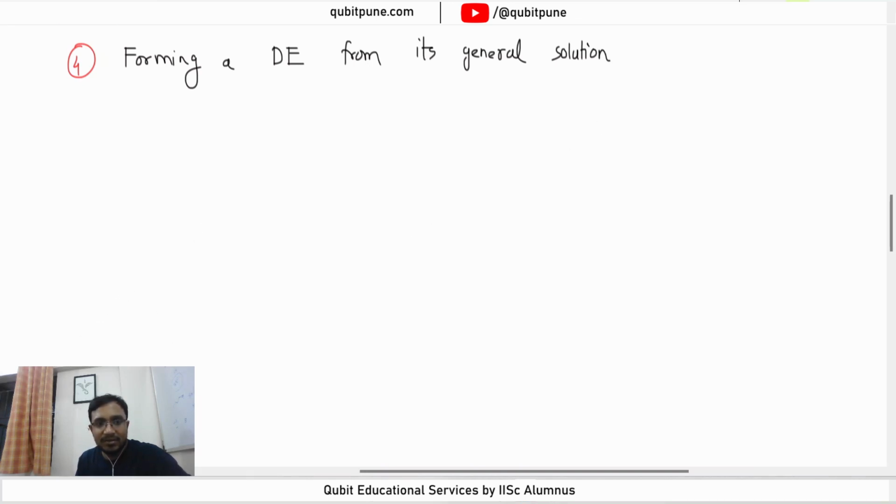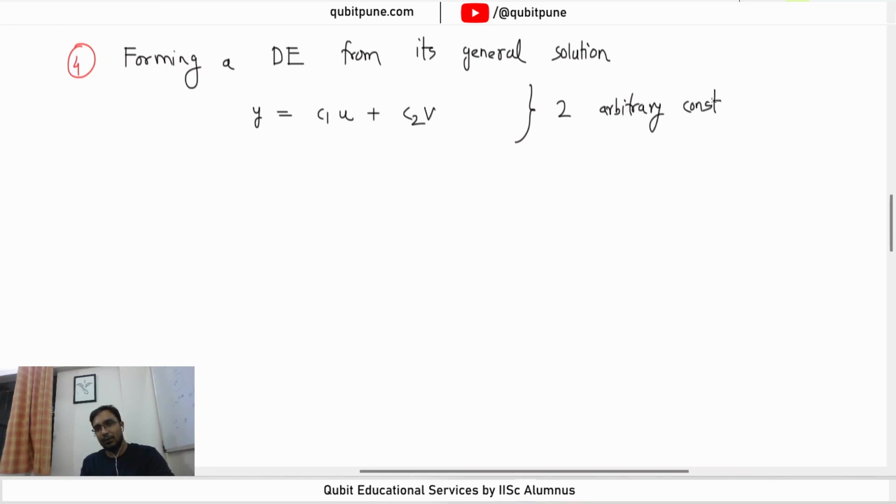Does anyone know this? Let me help you out with a differential equation of second order. Suppose my general solution is C1u plus C2v. In this solution I have two arbitrary constants with me.